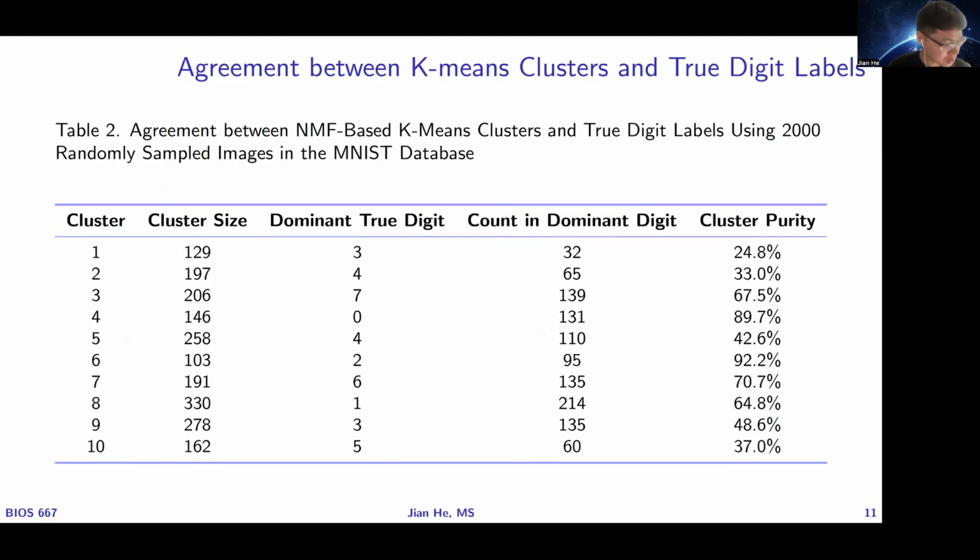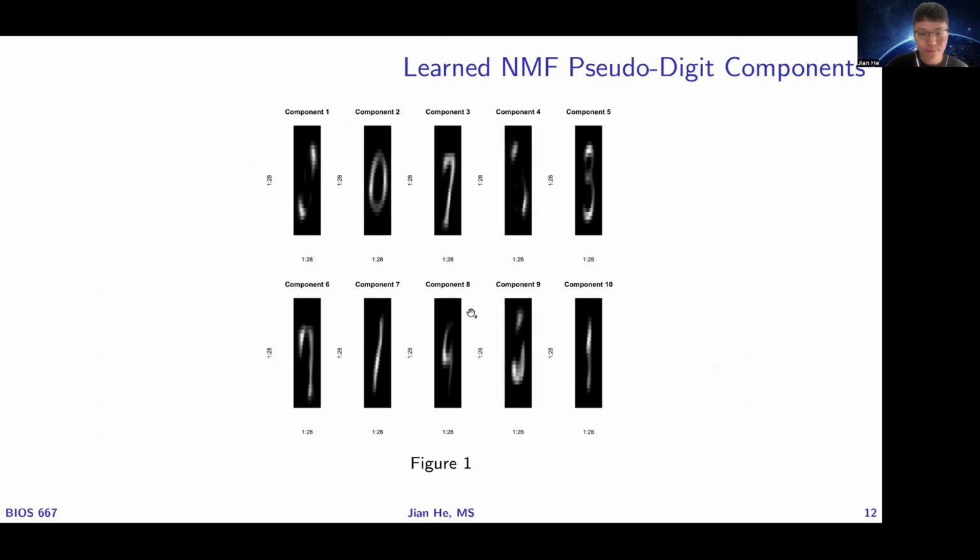However, most clusters contain a mixture of multiple true digit labels. So this suggests that the NMF representation did not perfectly separate all digit classes, but it did capture some meaningful digit structures, i.e. strokes, as shown also in figure 1.